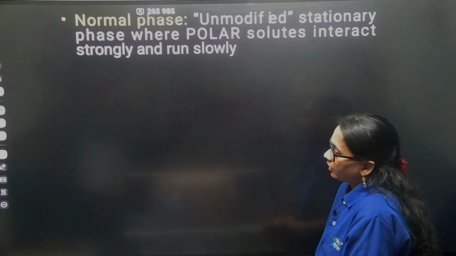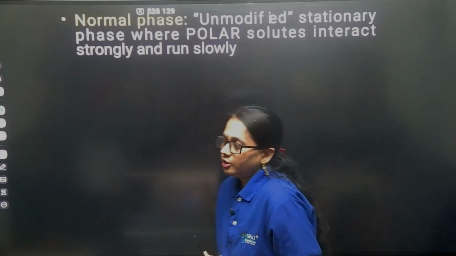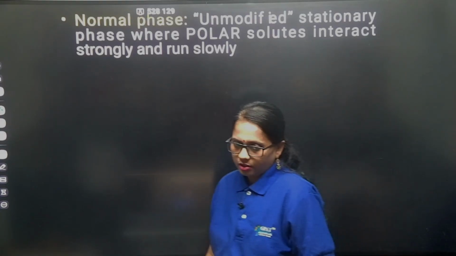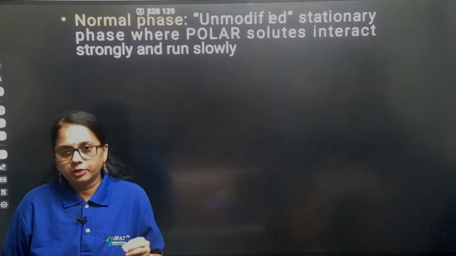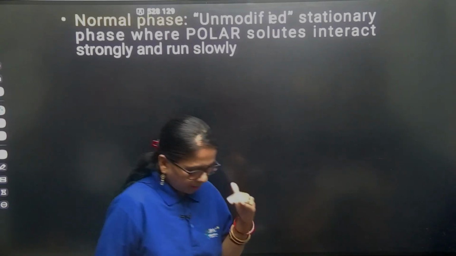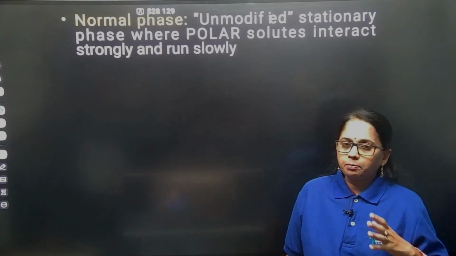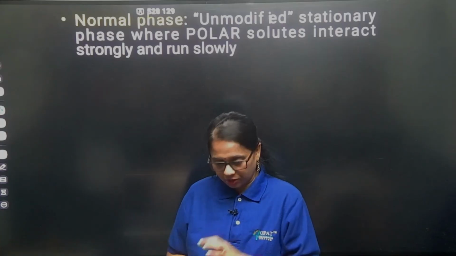Okay. If you talk about the stationary phase and the mobile phase, in normal phase mode, the unmodified stationary phase, that means whatever the supporting material is going to be used as a stationary phase, that material is unmodified, as such we are going to use it.